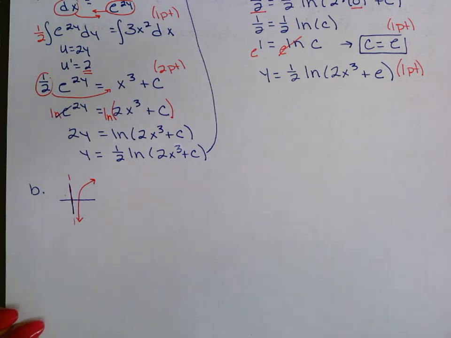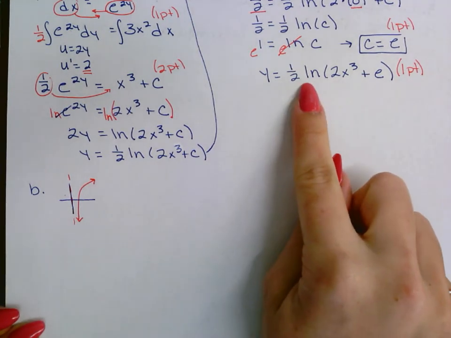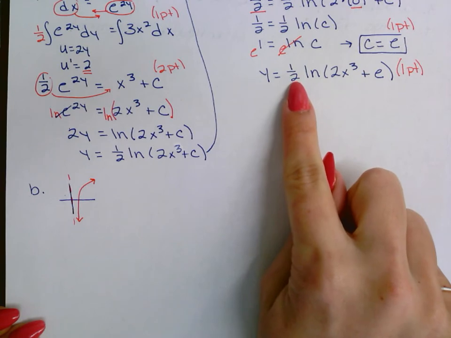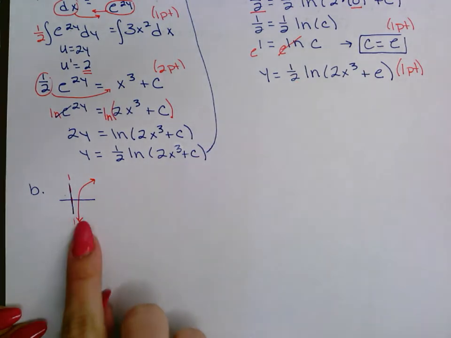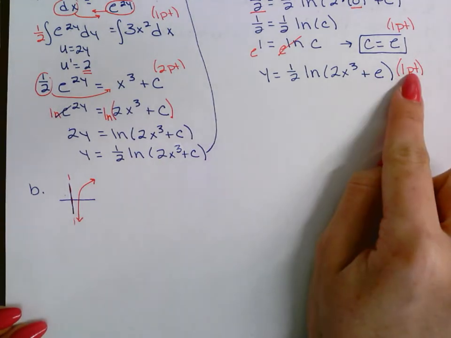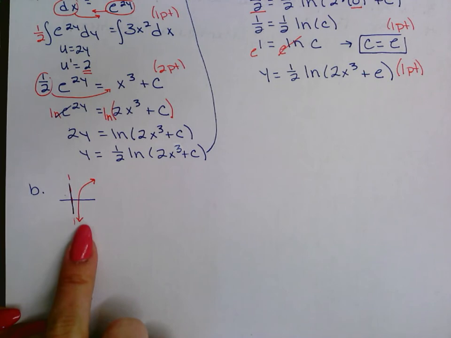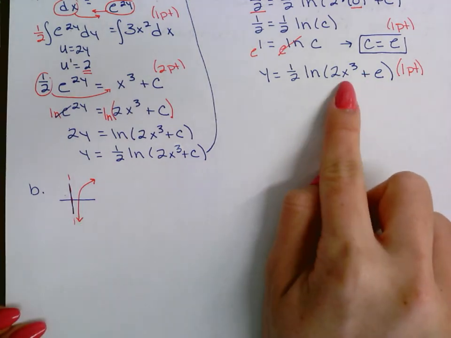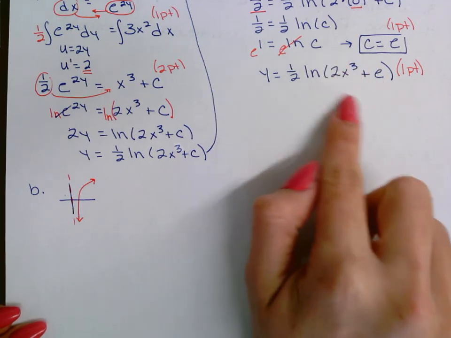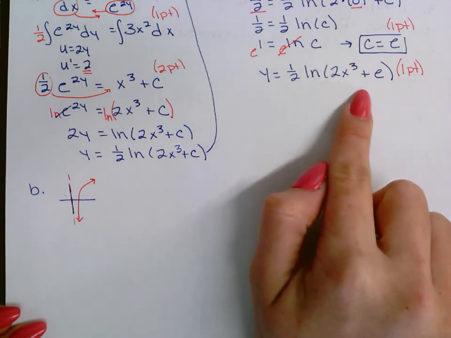Okay? So look at the equation we have. Multiplying half to the ln is just going to shrink this. Okay? I do not have a number on the outside being added or subtracted, so it's not going to move up or down. But I do have something happening on the inside. Okay? So whatever I plug into x has to be that this entire thing is still positive.